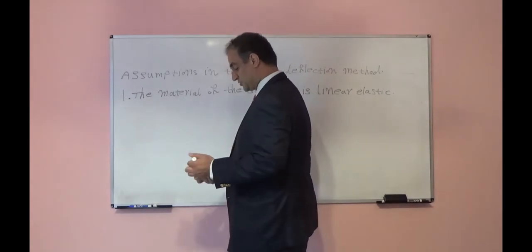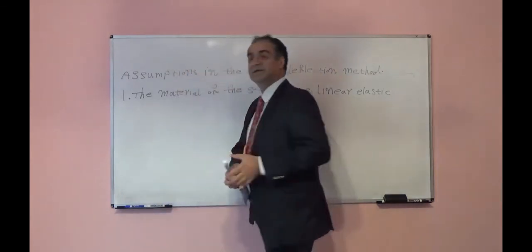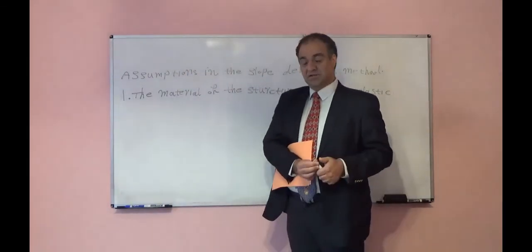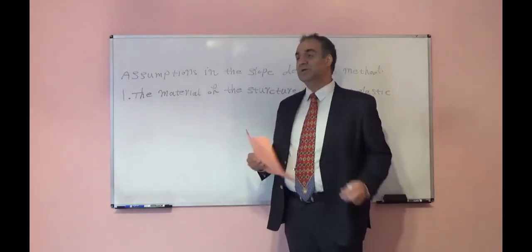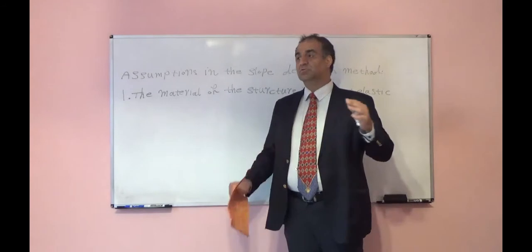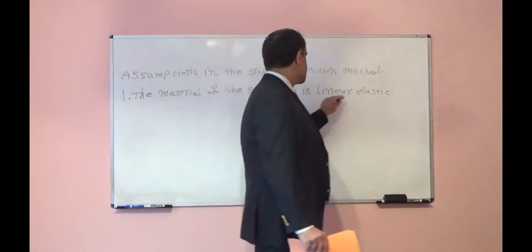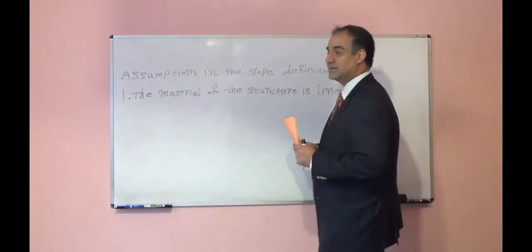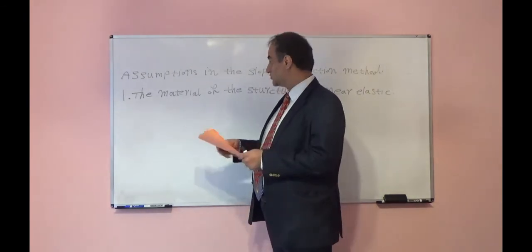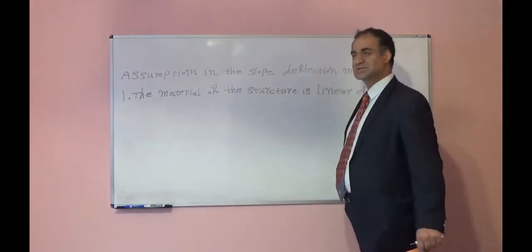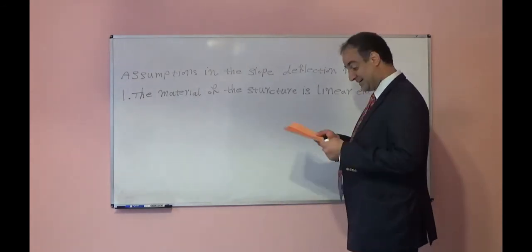You know, in most formulas we have in mechanics of deformable bodies and structural analysis, at least at undergraduate level, we have to make this assumption, because all those formulas are based on Hooke's law. If our material is not linear elastic, the material will not obey Hooke's law. So the first assumption, in most cases we are making this assumption, the material of the structure is linear elastic.